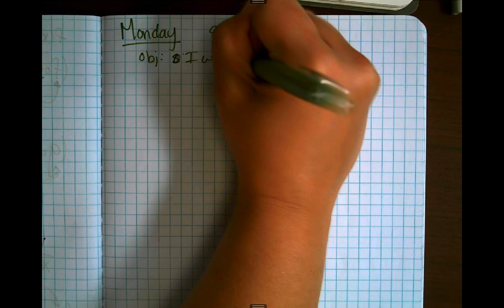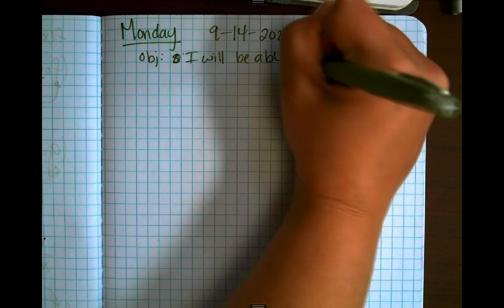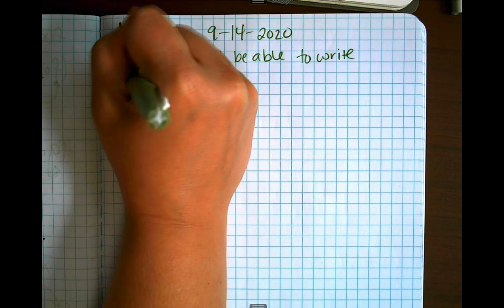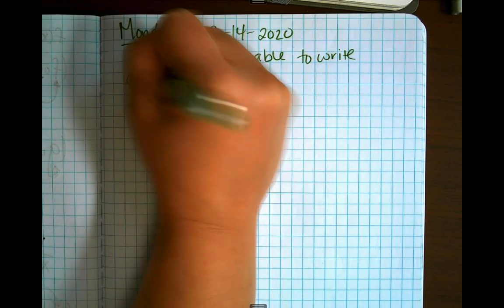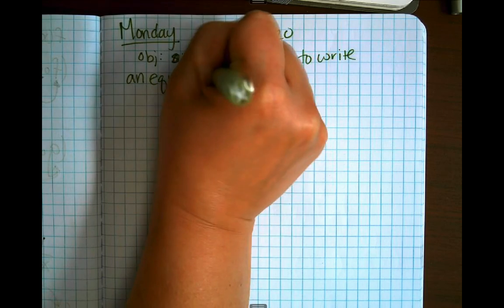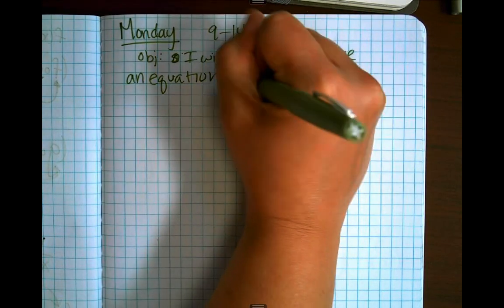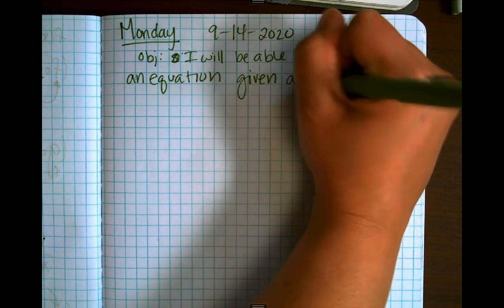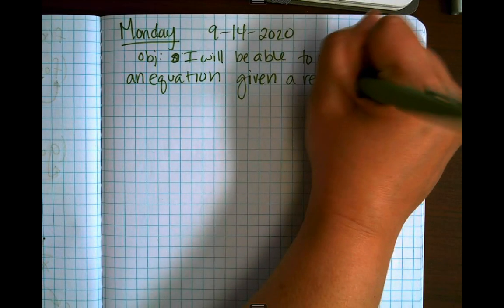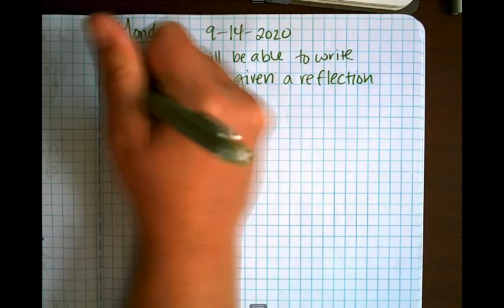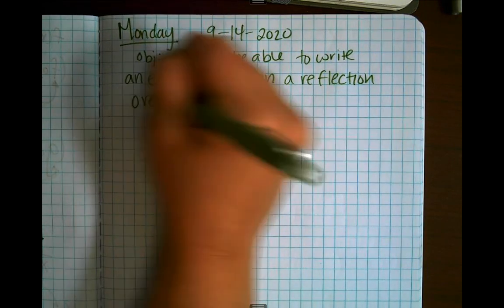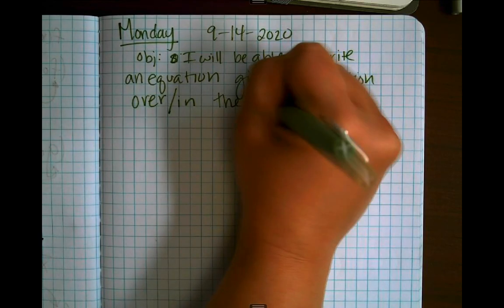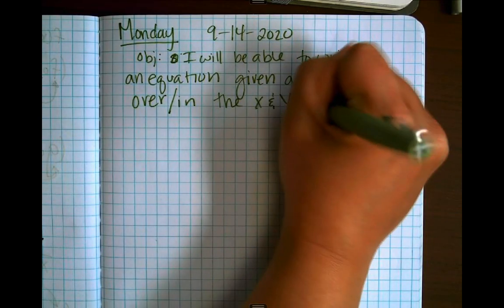I will be able to write an equation given a reflection over or in, okay, the x and y axis.